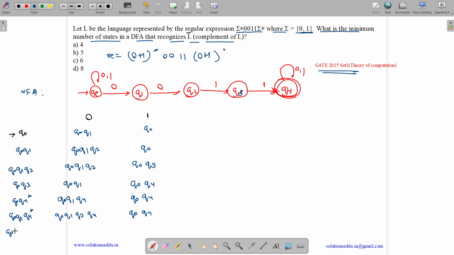Now we have Q0, Q1, Q2 and Q4. Q0 on a 0 goes to Q0 and Q1, Q1 on a 0 goes to Q2, Q2 on a 0 goes nowhere, Q4 on a 0 goes to Q4. Now on 1, Q0 goes to Q0, Q1 goes nowhere, Q2 goes to Q3, and Q4 on a 1 goes to Q4.